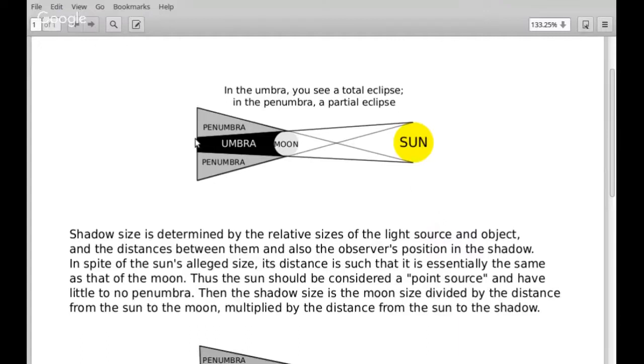In spite of the moon's or the sun's alleged size, its distance is such that it is essentially the same as that of the moon. In other words, from our perspective, the sun and the moon look the same size.